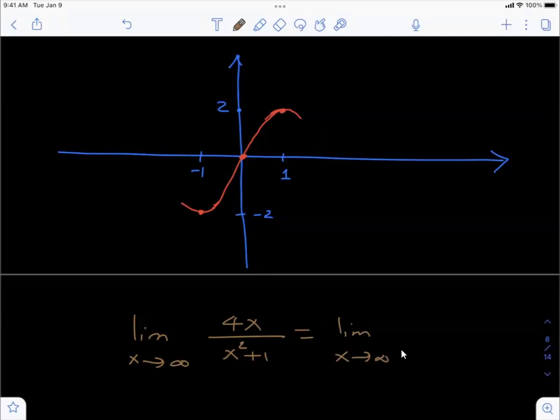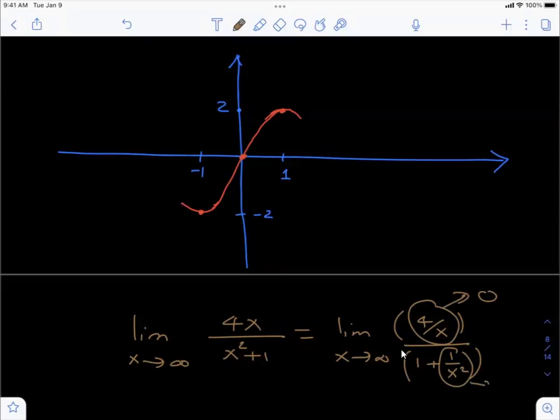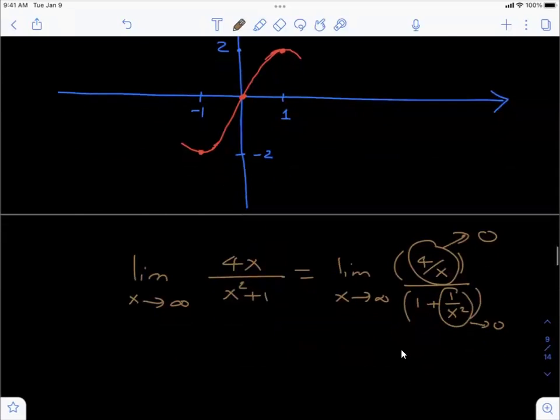the computation is performed by dividing every term by x squared, which is the largest power of x in the denominator. So when you do that, we can see the top and the bottom have fractions and both of them are heading towards zero, leaving only one non-trivial non-zero value in the denominator.